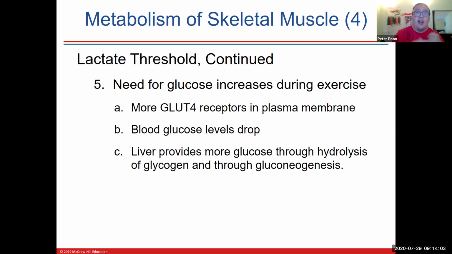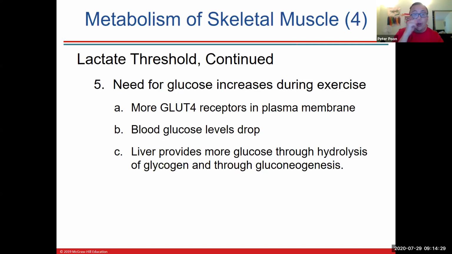The lactate threshold means glucose uptake increases during exercise. So you pump more GLUT4 receptors into the plasma membrane, which causes the blood glucose levels to drop. And the liver produces more glucose through hydrolysis of glycogen, the glycogen storage, and through gluconeogenesis, formation of new glucose from other places.